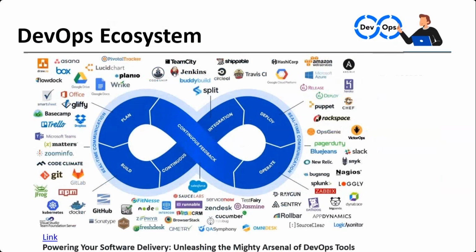We have Zendesk, Salesforce, Intercom, BrowserStack, and real-time communication like Microsoft Teams and Zoom. We also have monitoring and security, to monitor performance in terms of security, reliability, compliance, like Sumo Logic, Datadog and New Relic. So you can click on this link to learn more on these particular tools.